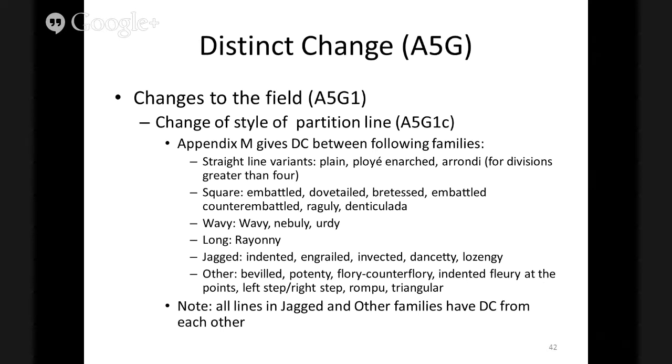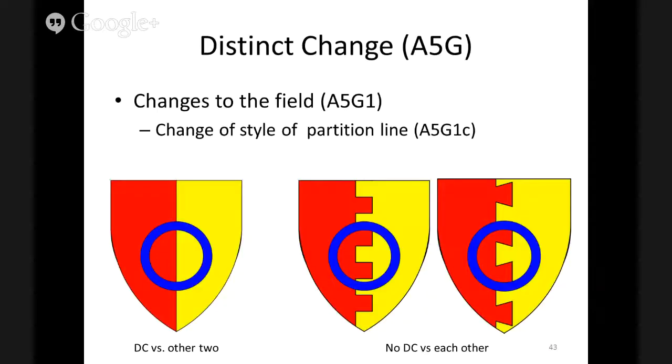So let's take a look at an example. Somebody blazon the left one. Per pale gules and or, an annulet azure. Good. How about the next one? Per pale embattled gules. Okay, you can stop there. I know you know this. So plain versus embattled, that's a DC.